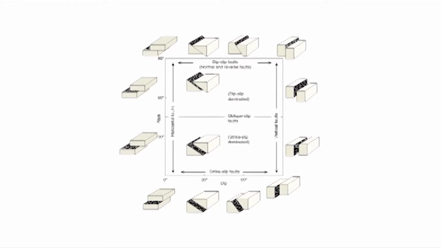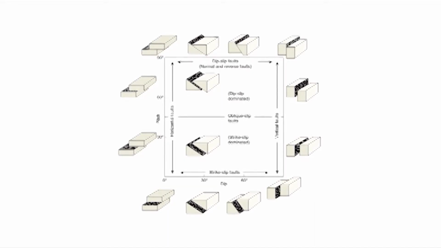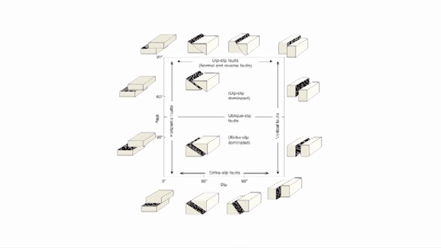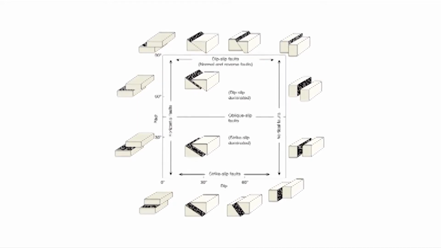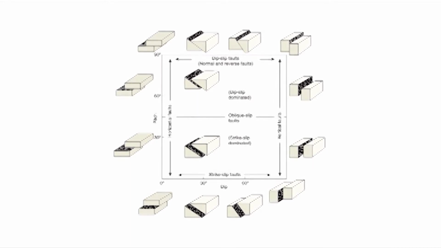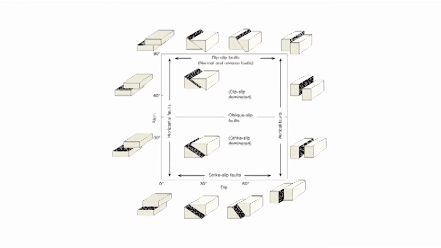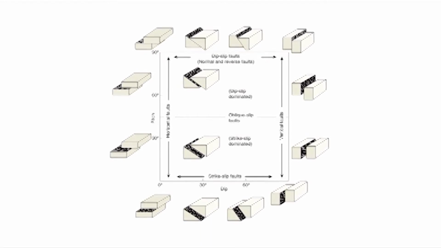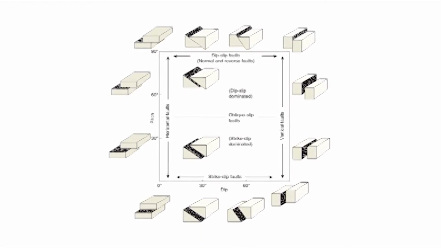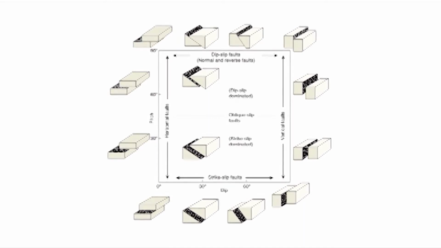Depending upon whether the strike of the fault is parallel to the movement direction, number one. Number two, the dip of the fault plane and the dip of the stratum are in the same direction, we will call it a dip slip fault. And if it is oblique to strike direction and oblique to dip direction, then that fault is called an inclined fault, or an oblique fault.